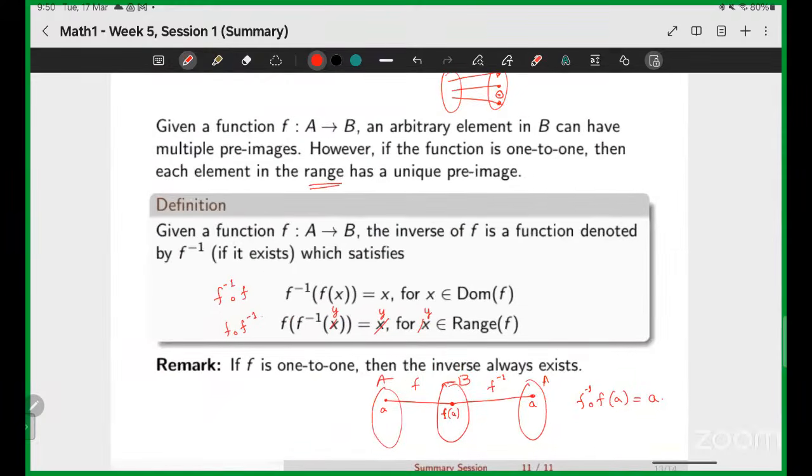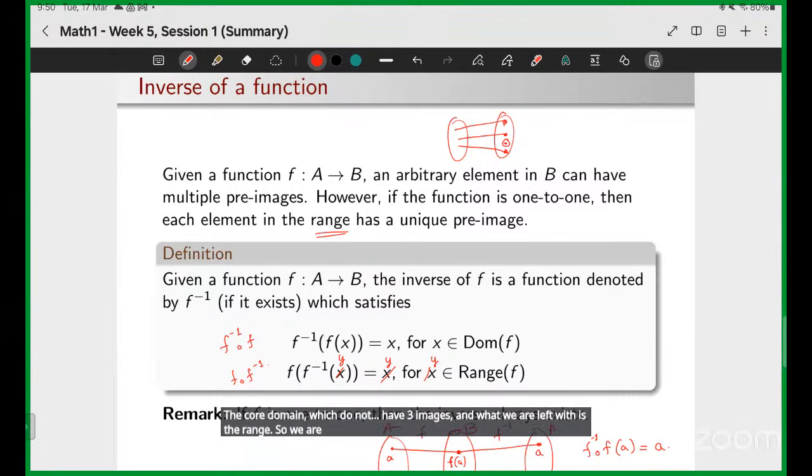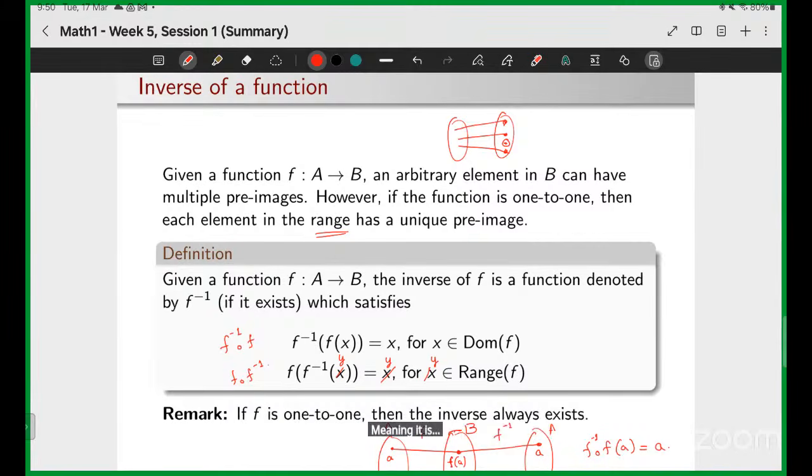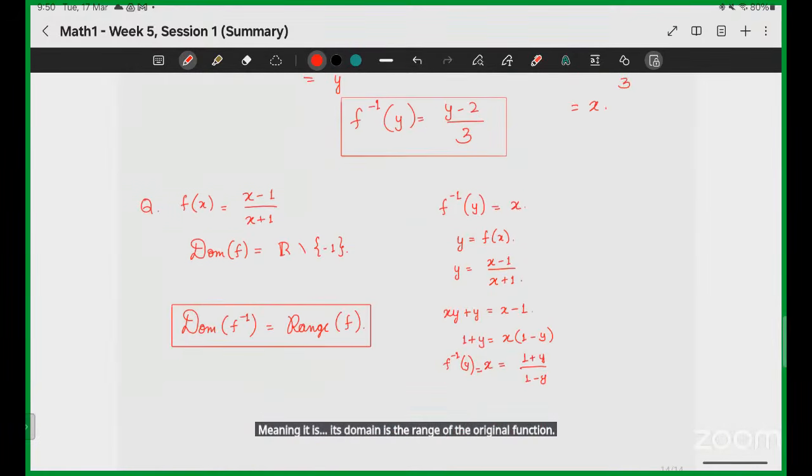You see over here, by definition, we remove the elements of the codomain which do not have pre-images, and what we are left with is the range. So we are defining the function f inverse on the range, meaning its domain is the range of the original function. So here you can see that the domain of f inverse is actually R minus 1. So both of these are equal to R minus 1.